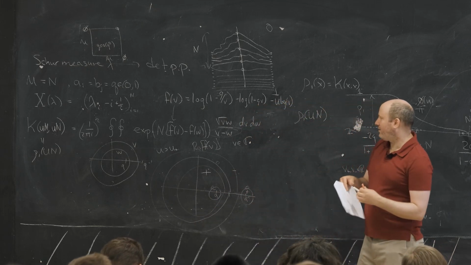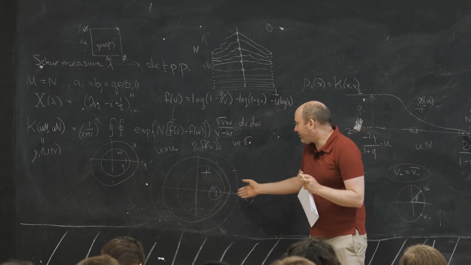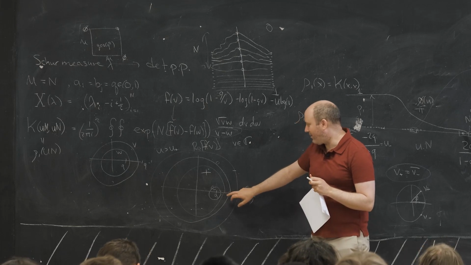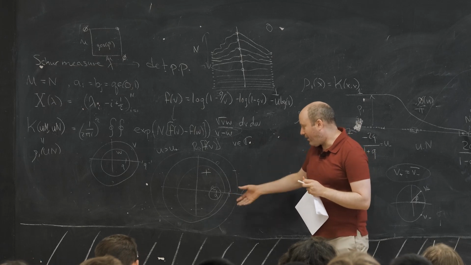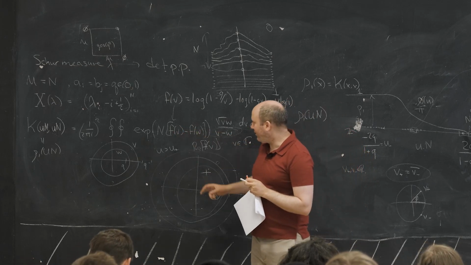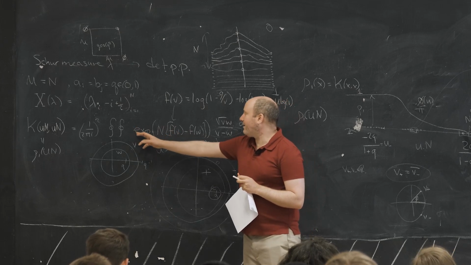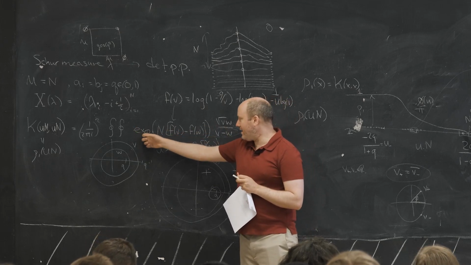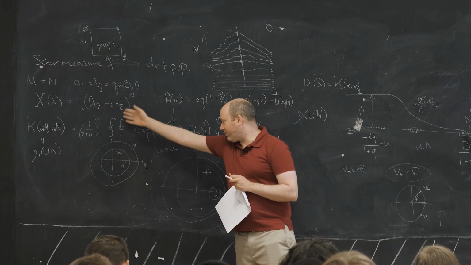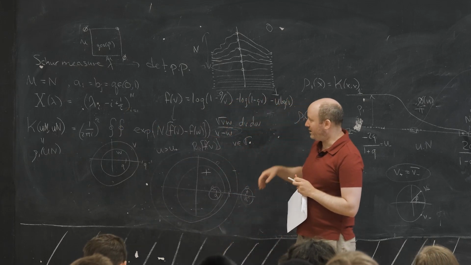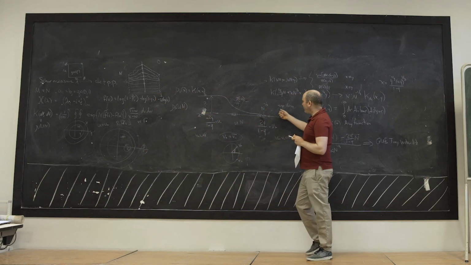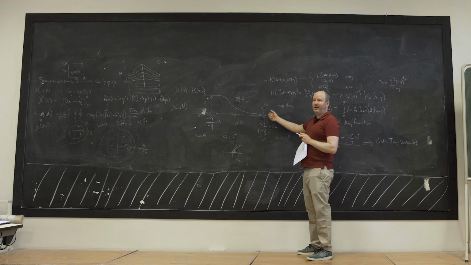And when I do that, there's some maximal negative number and minimal positive number, but either way, those are strictly away from 0. And so I get that the entire integrand is bounded by e to the some negative number times n. And I integrate over some finite contours. That doesn't change that. And so in so doing, I justify that this correlation function is exponentially decaying here.